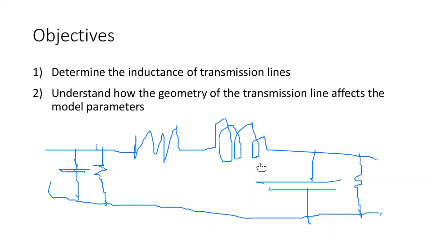Also because of I X, and also we have reactive power absorption on the transmission line. So that's I square X. We have real power loss, and we have reactive power absorbed by the transmission line.